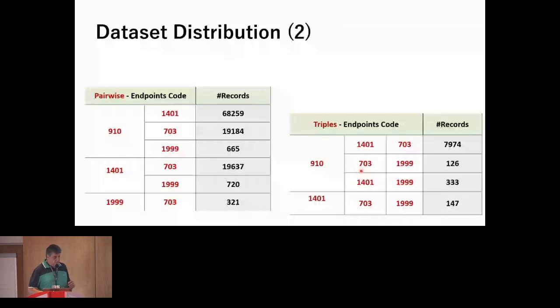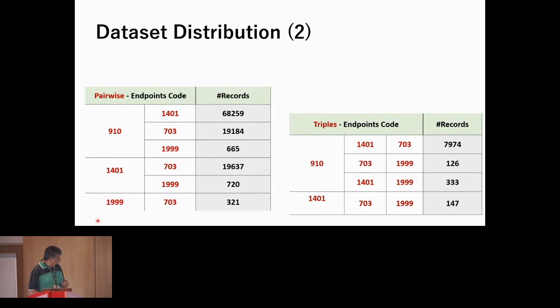So we did all of the pair analysis, assuming that, for example, 910 is the positive and the others are negative. For each record that has the endpoint 910, we consider it positive, and the rest are merged into the negative pool.